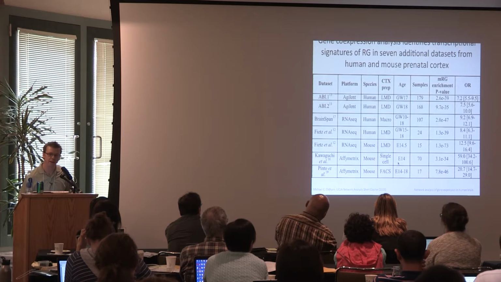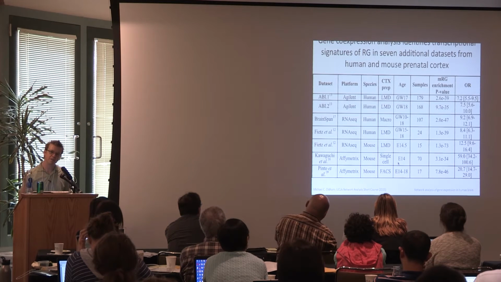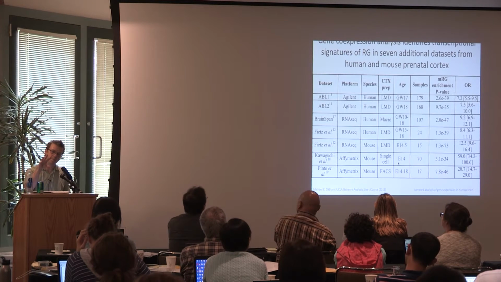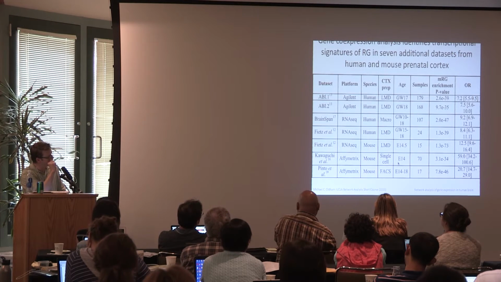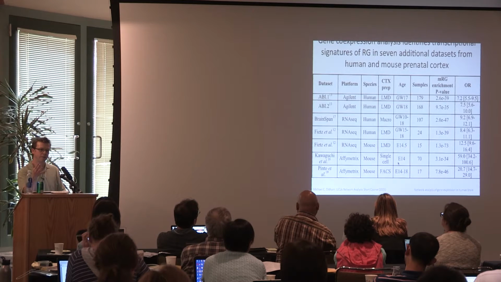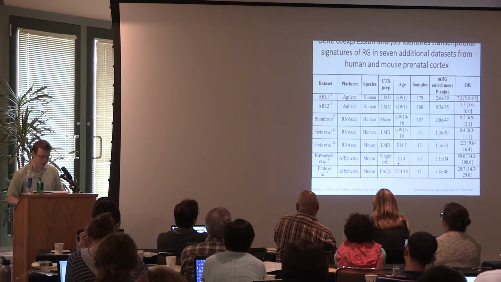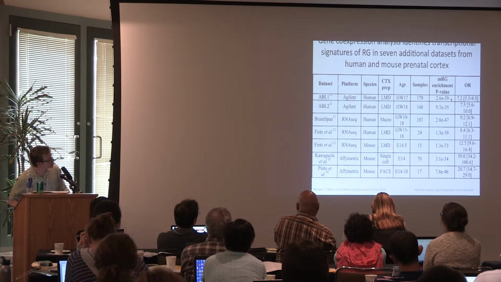There's a lot of heterogeneity there, right? But I used the same set of genes that were expressed in mouse radial glia to look for modules in each of these data sets that were significantly enriched, right?